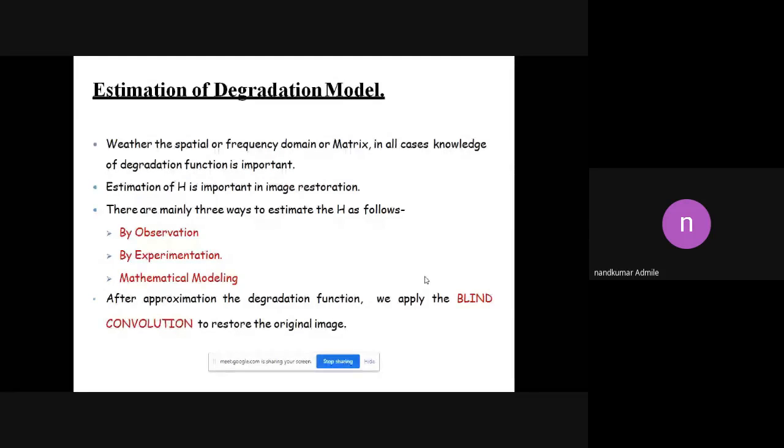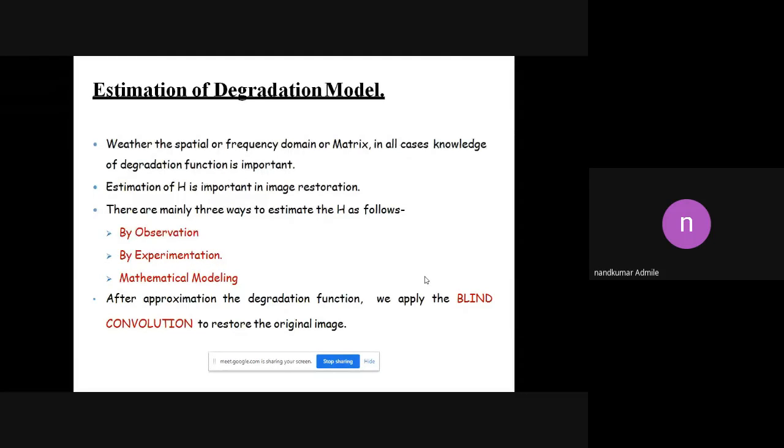The second is estimation of the degradation model by experiment, and the third is estimation of the degradation model by mathematical modeling.